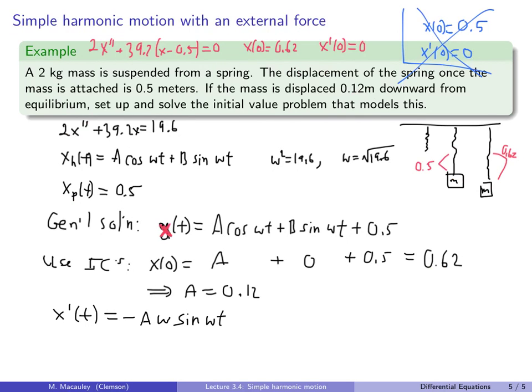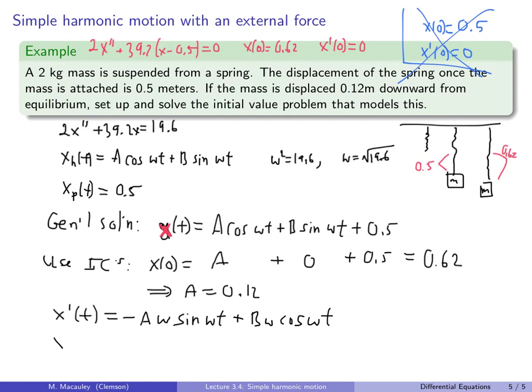I could have put in 0.12 if I wanted to, but it's not going to matter. And then plus b omega cosine of omega t.